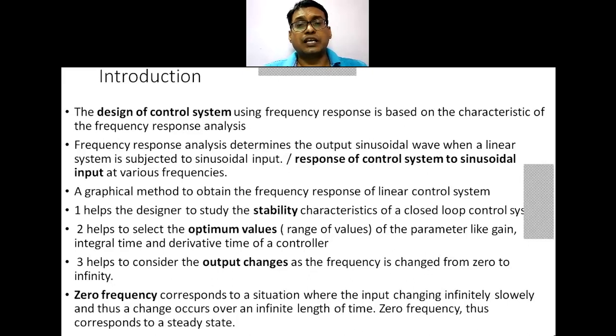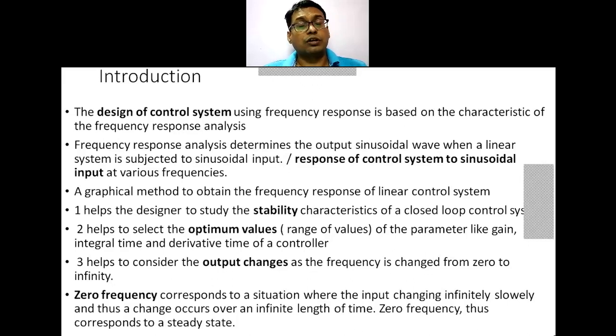So basically we are going to study the analysis of this frequency. Frequency is with what amplitude it is going to move, it is going to fluctuate. So frequency response analysis determines the output sinusoidal wave when a linear system is subjected to the sinusoidal input.